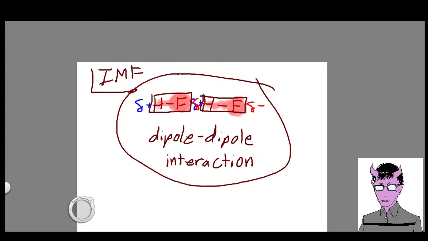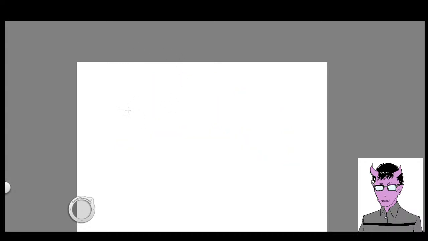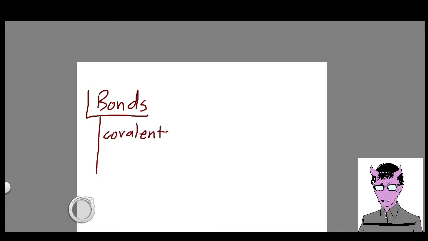But let me clear this. Okay. So, just to elucidate the differences between vocabulary words, we have bonds. We have chemical bonds, which specifically refer to these three main things. We have covalent, which I'm pretty sure I've beaten to death, being overlap of the electron cloud densities that are stabilized between two nuclei.